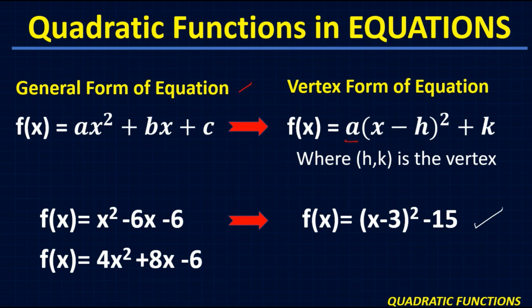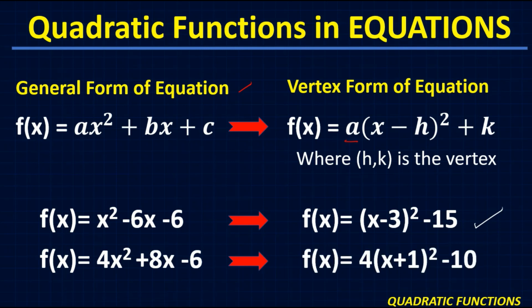And another one, if we have this function, f of x is equal to 4x squared plus 8x minus 6, when we transform it into vertex form of equation, we will obtain f of x is equal to 4 times the quantity of x plus 1 squared minus 10.